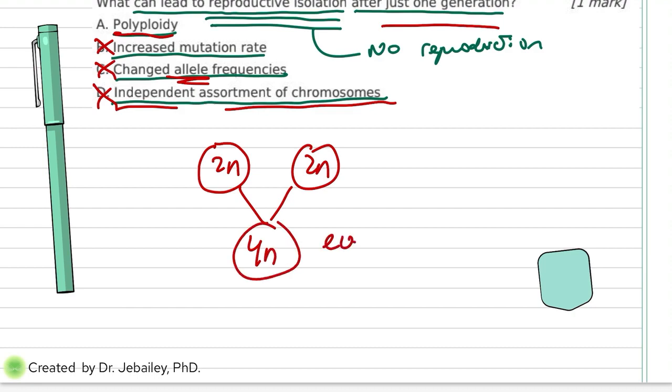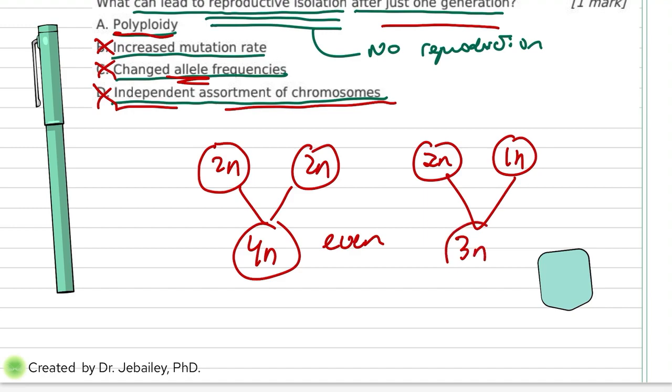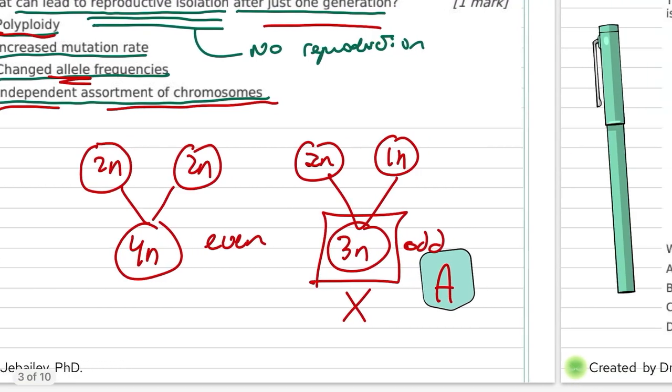If you get that it's even, that's totally fine. But with polyploidy, if a 2N crosses with a 1N, it will get a 3N. And if it's odd, that's it. That is the final one. There is no generation coming after that one, because if it's odd, it cannot reproduce. So the answer is A.